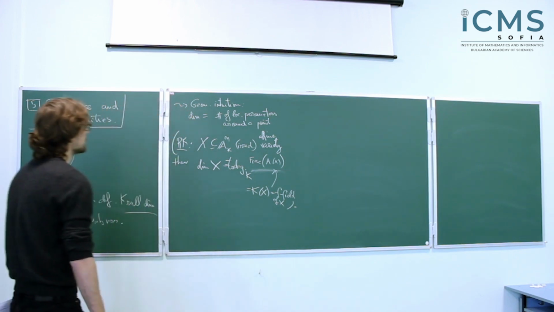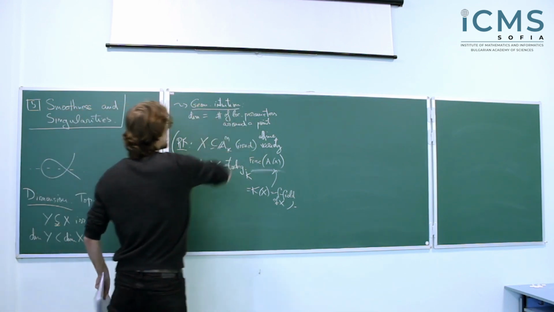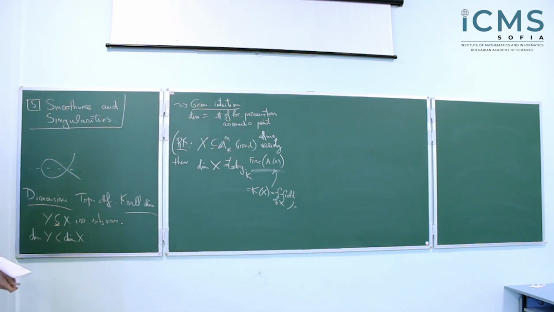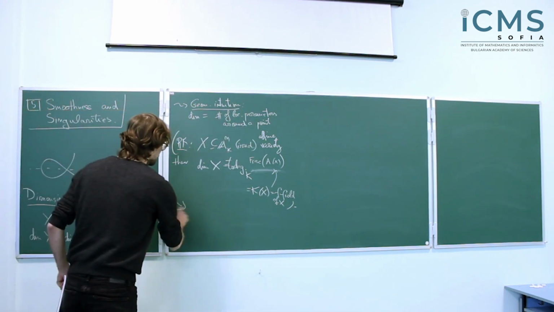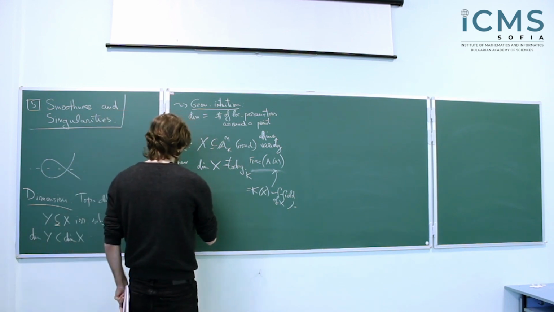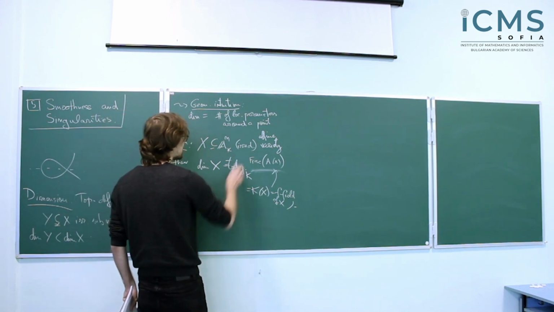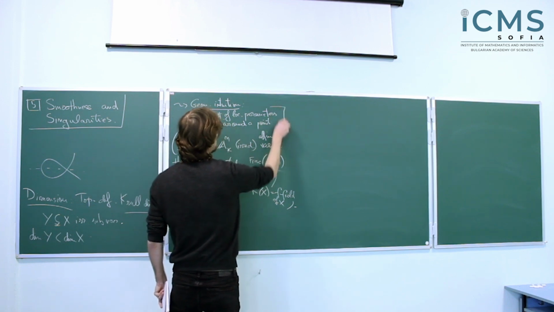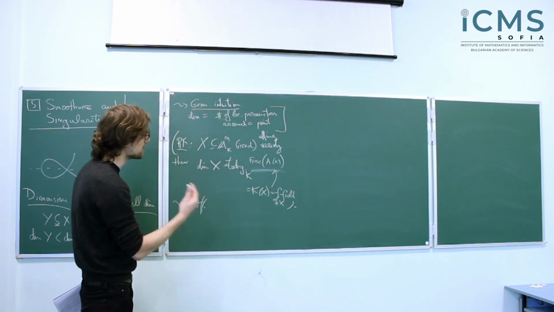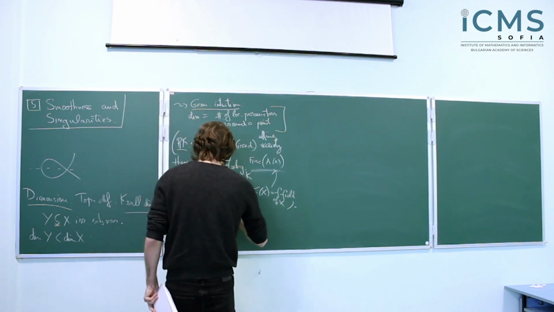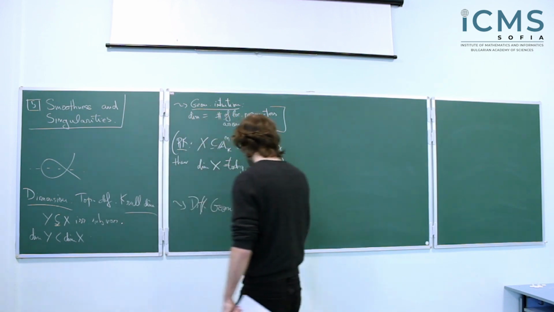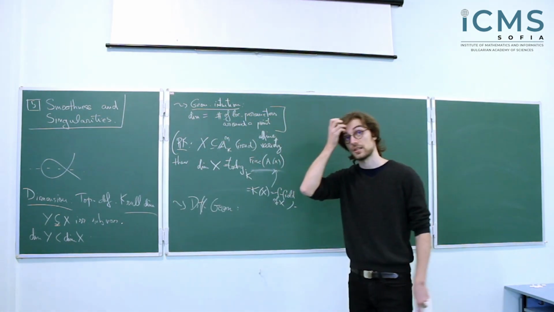Okay. Let's see. So my idea was to go back to the geometric intuition, especially coming from differential geometry. In differential geometry, this has a very specific meaning, right? Well, this at least gives us the idea of a tangent space.